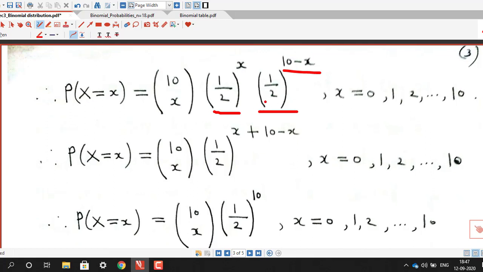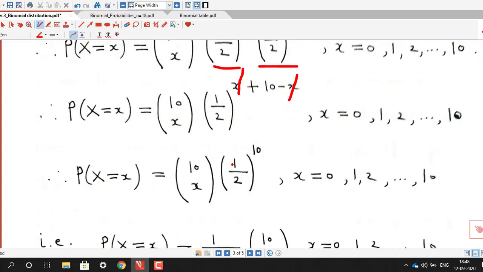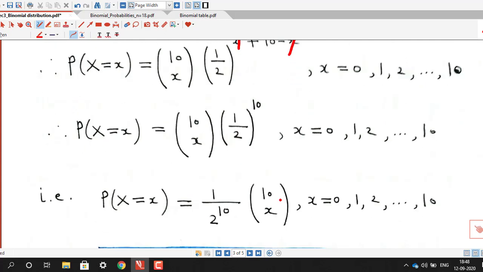And this we can rewrite as 1 by 2 to the power x plus 10 minus x. So x will cancel out and we obtain 10cx 1 by 2 raised to 10. So the probability of this event, capital X equal to small x, that is the probability of x heads among n equal to 10 tosses of a coin, is given by 1 upon 2 raised to 10, 10cx.